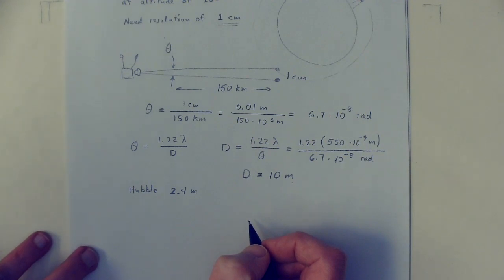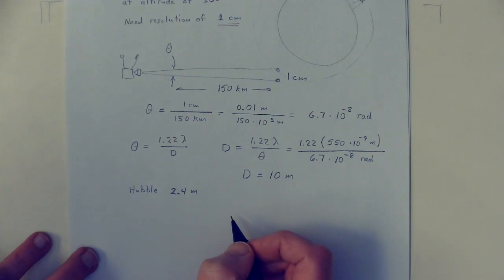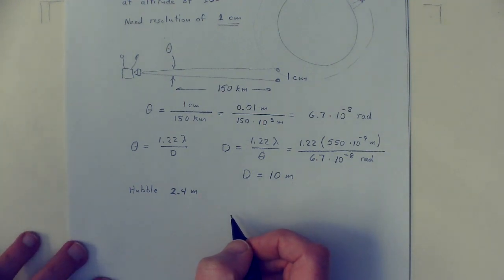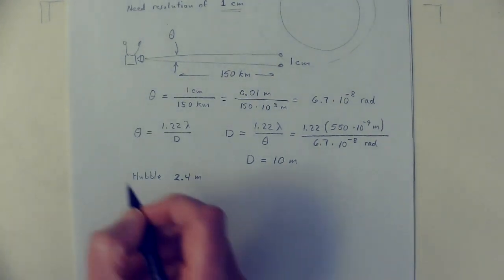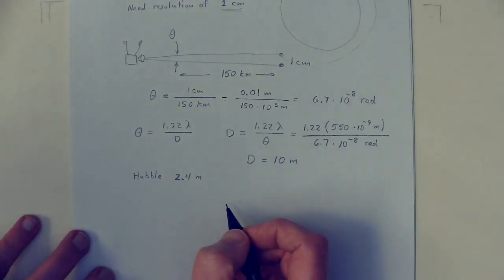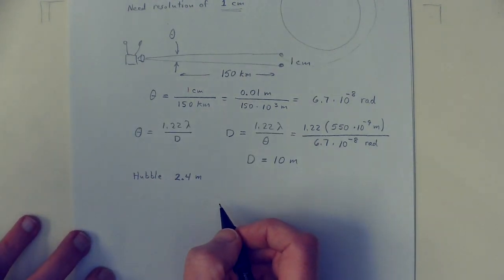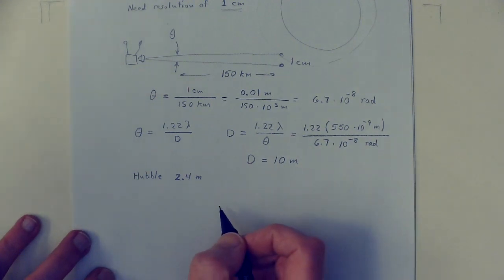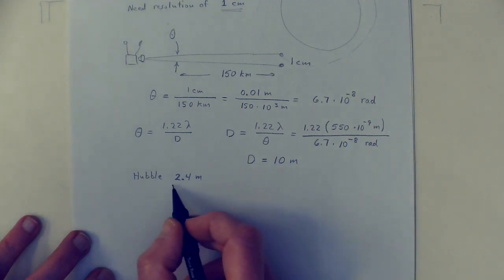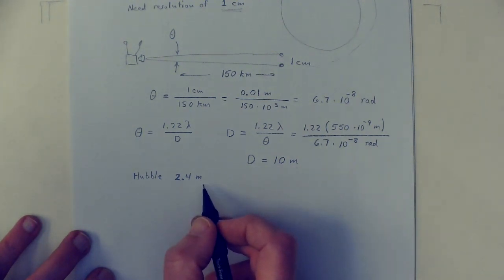A reasonable guess would be probably about 2.4 meters. It wouldn't be surprising to know that the spy agencies, which seem to have huge budgets, have been able to launch something of a similar size. So if they've got a mirror this diameter, what can they do?